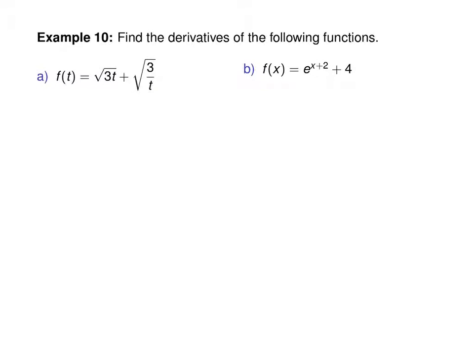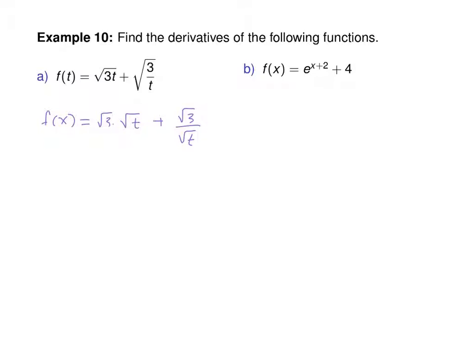All right, so what is the problem with A? Do you have a rule for when it's a number and a variable to a power? Root 3t is the same as root 3 times root t, and that's exactly what you're going to use. And this is the same thing as root 3 over root t.